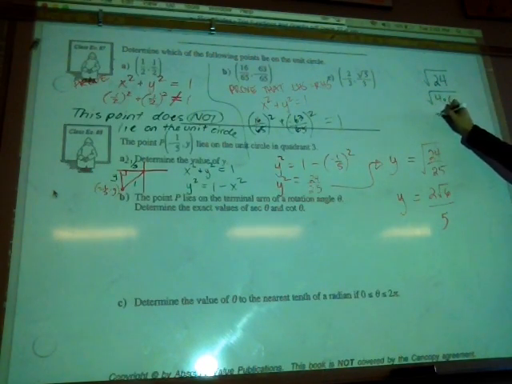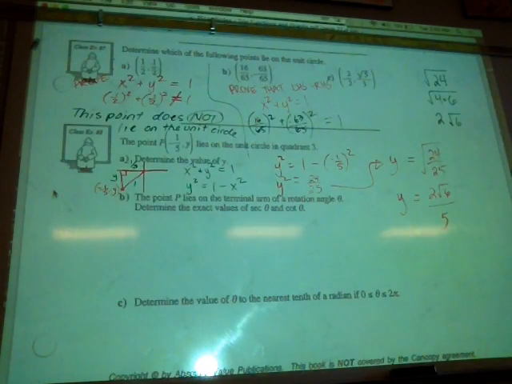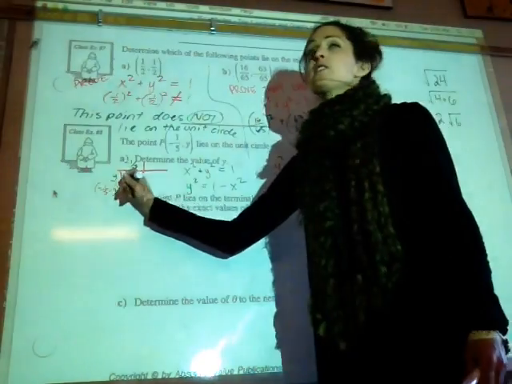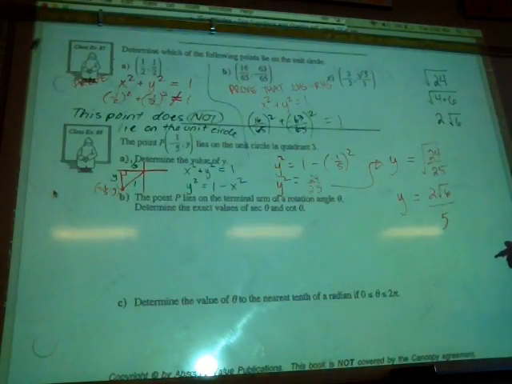The square root of 4 is 2. We can't take the square root of 6. So y is equal to 2 root 6 over 5. We're in quadrant 3. Will y be negative or positive? Negative. Good. Okay, so we found our y.